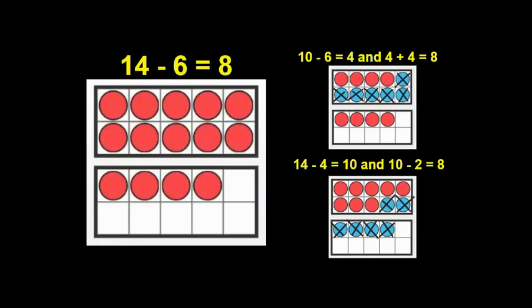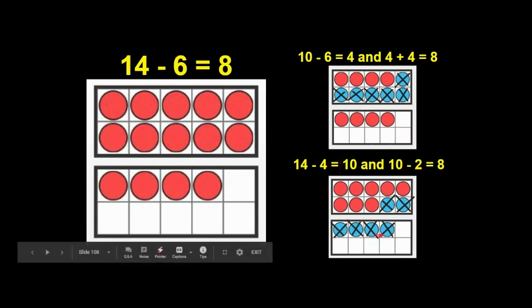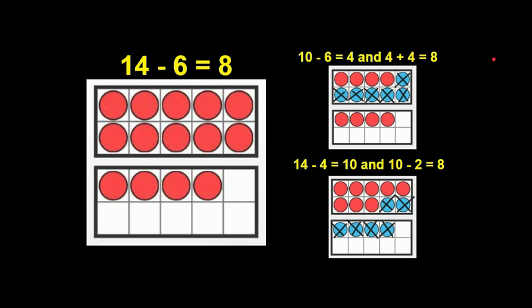You're right, it's 8. 14 take away 6 equals 8. Did you take away the 6 from the top, and were you left with 4 and 4 equals 8? Or did you take away 4 from the bottom and 2 more, and you still had 8 left? Which way did you do it?